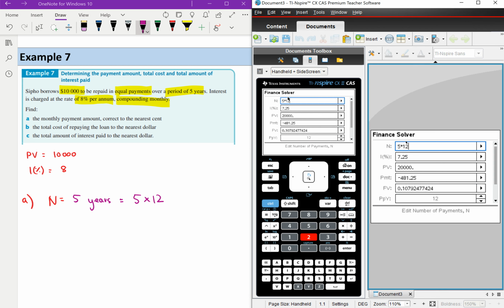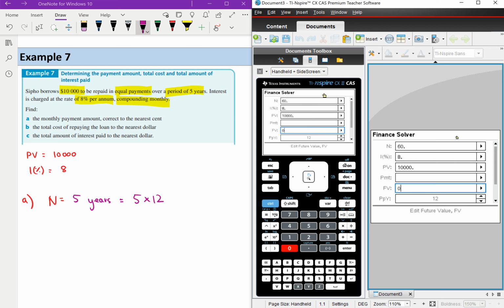That's weird, 5 times 12 is definitely not that. I'm just going to move down. I should have pressed tab actually. Rate is 8%. Present value is 10,000. Payment I don't know, and future value I want to be 0.